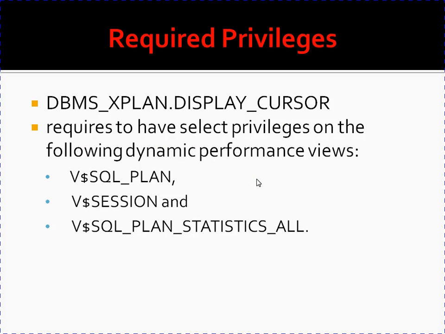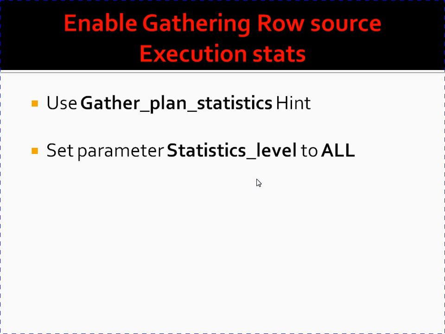To use the displayCursor function, you need to have select privilege on these dynamic performance views: V$SQL_PLAN, V$SESSION, and V$SQL_PLAN_STATISTICS_ALL. Among these, the last one is vital, because all the extended statistics are displayed by the displayCursor function from this view.